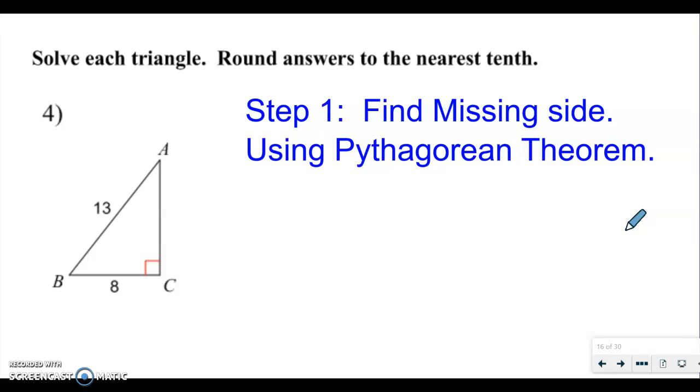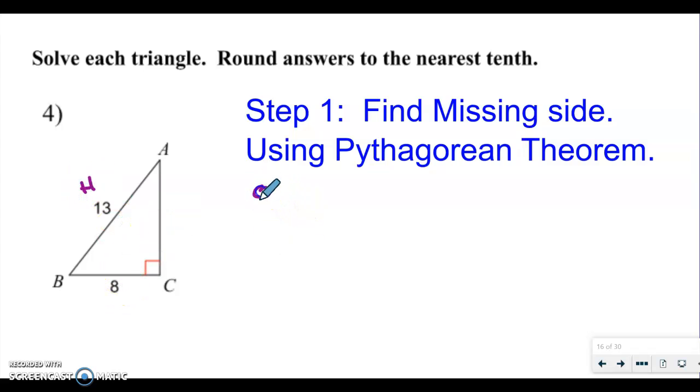All right. So what if we know two sides and we have to find the two missing angles? What we're going to do is find the missing side using the Pythagorean theorem. This is your hypotenuse and these are your two legs.